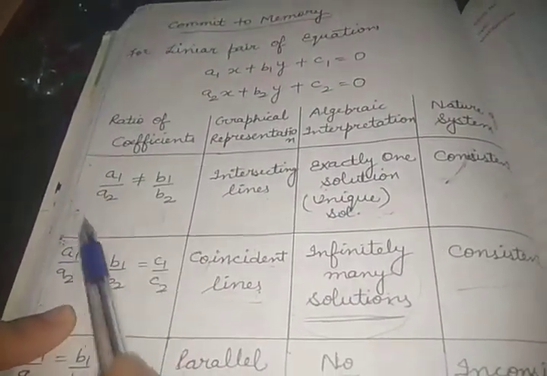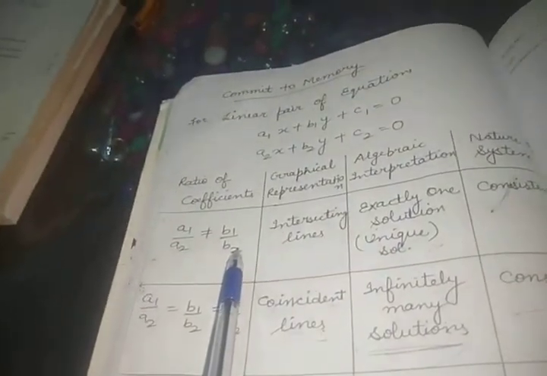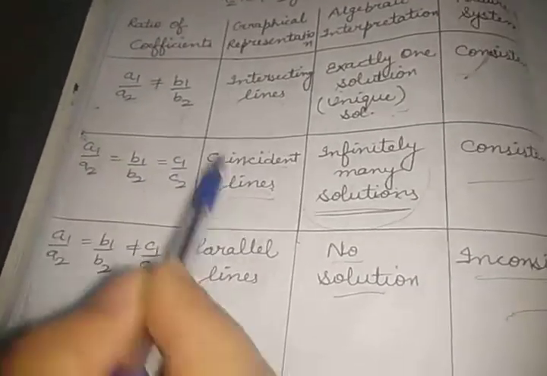Means according to the ratio of coefficients you can write the graphical and algebraic representation, and if you are given the algebraic or graphical representation, you can write the ratio of coefficients also. Similarly, for infinitely many solutions and coincident lines, you can write the ratio of coefficients in this way.